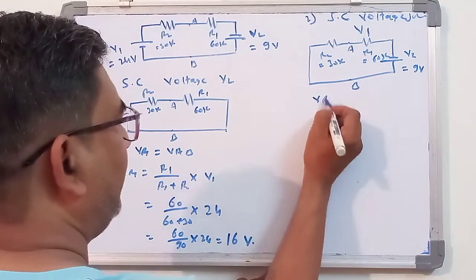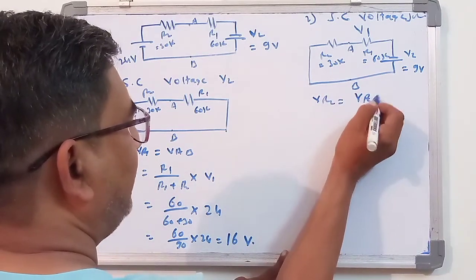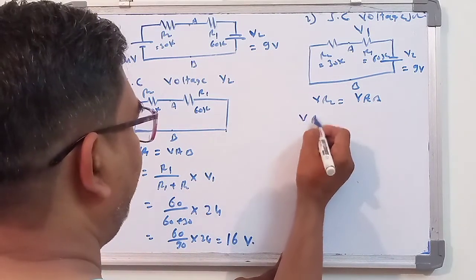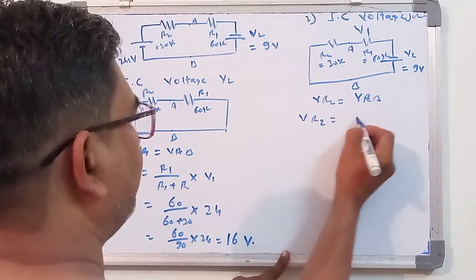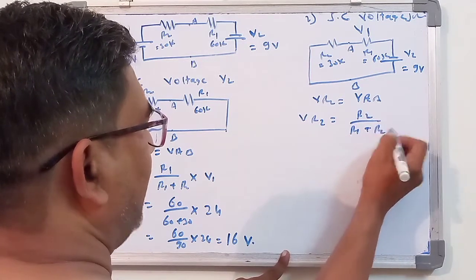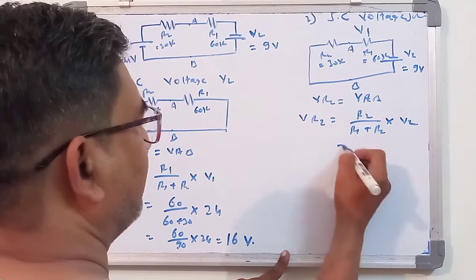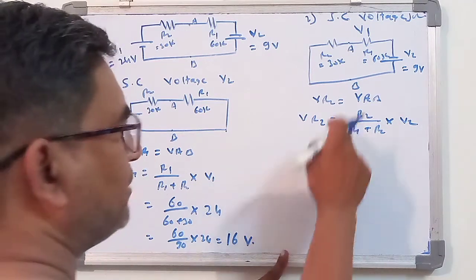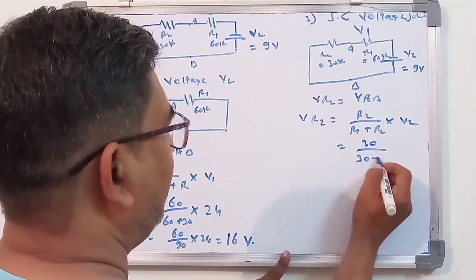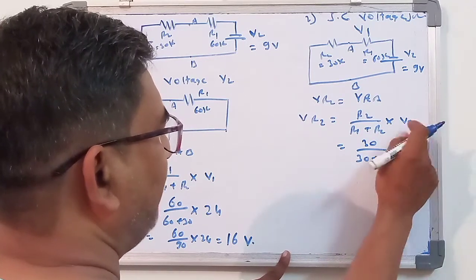You have VR2 is equal to again VAB. Okay, so the formula you will be getting is VR2 is equal to R2 divided by R1 plus R2 multiplied by V2. Okay, what is the value for R2? 30. 30 divided by 30 plus 60 multiplied by V2.